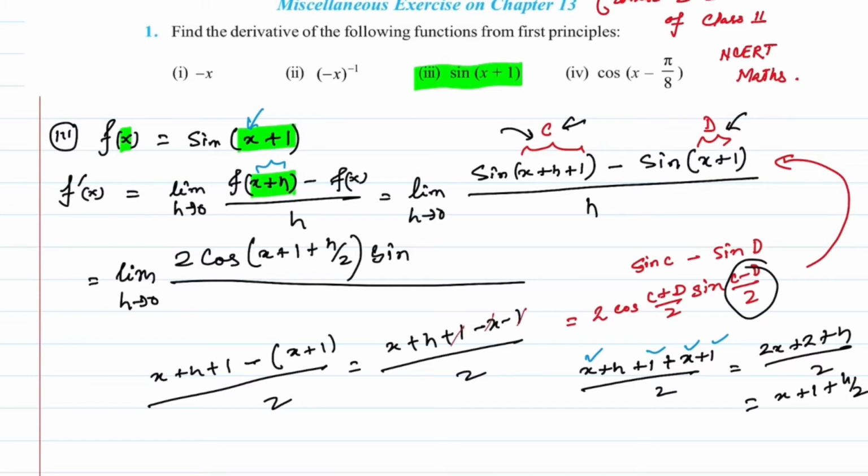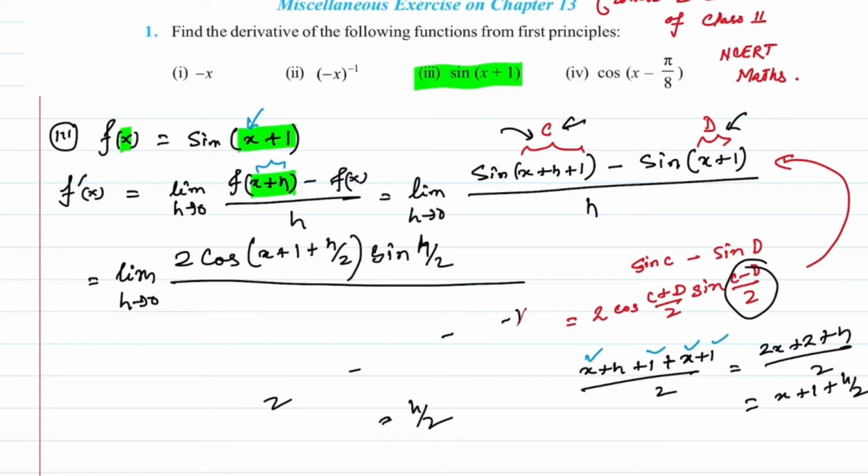Here minus 1 plus 1 is gone, minus x plus x is gone. So you're going to have only h by 2. So here it is sine of h by 2. So this is c minus d by 2, isn't it? Okay, now here we have h.